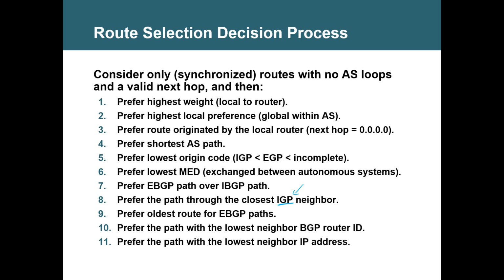Prefers the path through the closest IGP neighbor. Meaning it will check how much is the metric to go to that IBGP and this IBGP, and it decides to go via the IBGP neighbor whose IGP cost is lower.